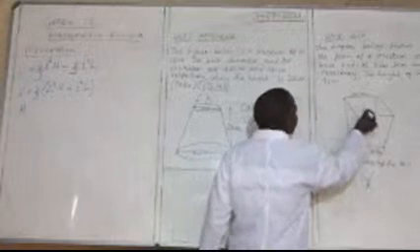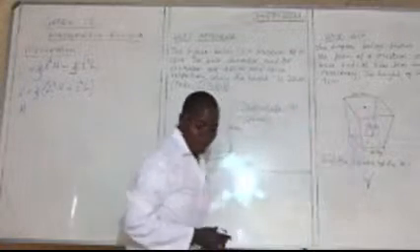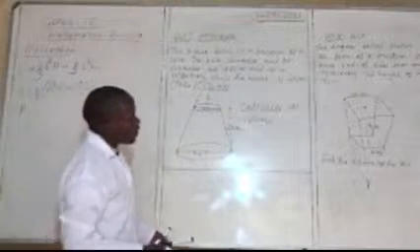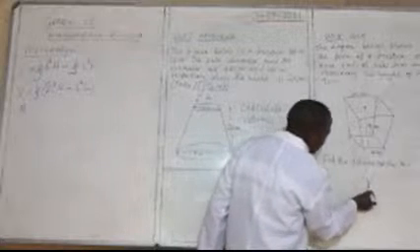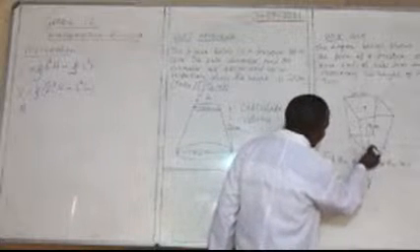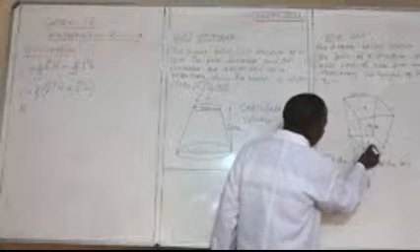Let's take H, which is this one here, from here up to here. That is our H. Then the smaller one here, if you want to find the height of the smaller one, you say H minus 9.